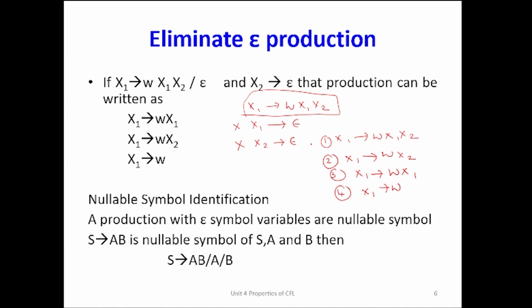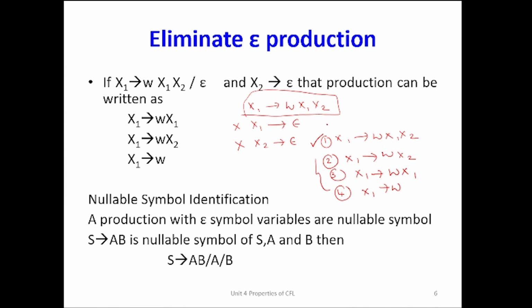So this is the generalized notation, and these are the modified substitutions of epsilon for the X1 value, the X2 value, and both values. These 4 productions are the result after elimination of epsilon production.